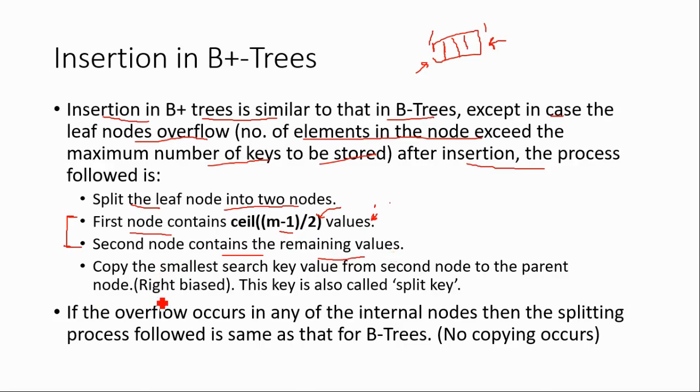Now the last point is the difference. Copy the smallest search key from the second node to the parent node. Here is the key thing: instead of just determining the middle element and shifting it to the parent node, we check the second node of the split, find the smallest element there, and copy it to the parent node.